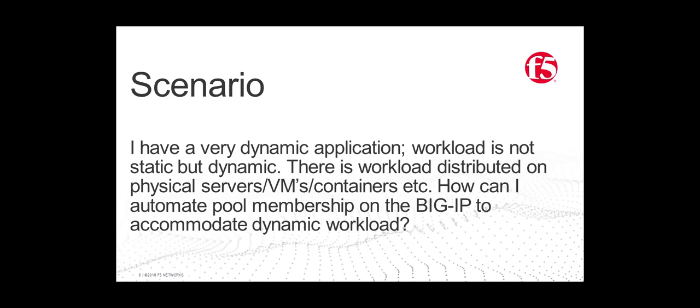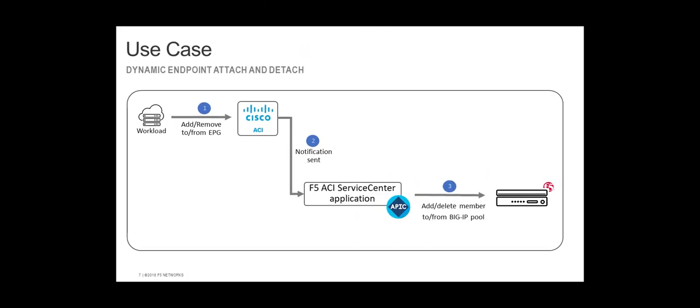Now, before we jump into actually looking at how to solve this, let's look at the implementation overview. We would have workload that gets added or deleted to an endpoint group on the Cisco ACI fabric. A notification is sent to the F5 ACI ServiceCenter, and based on the notification, whether it is an addition or a removal of workload from the EPG, that particular pool member gets added or deleted from the F5 BIG-IP.